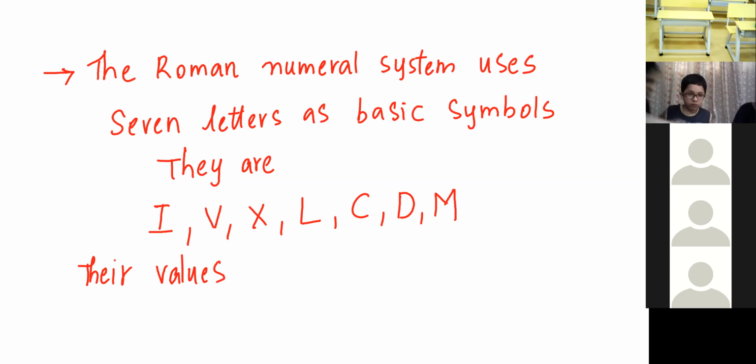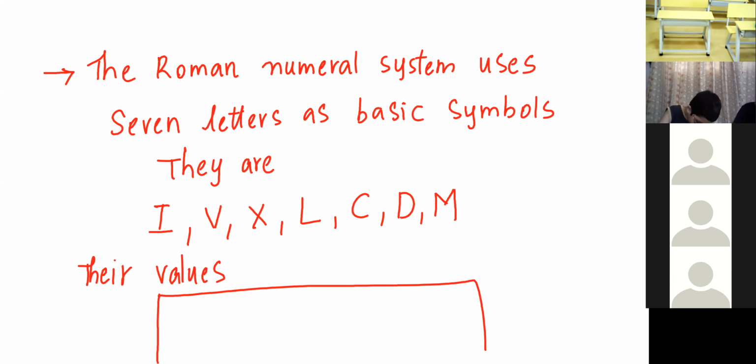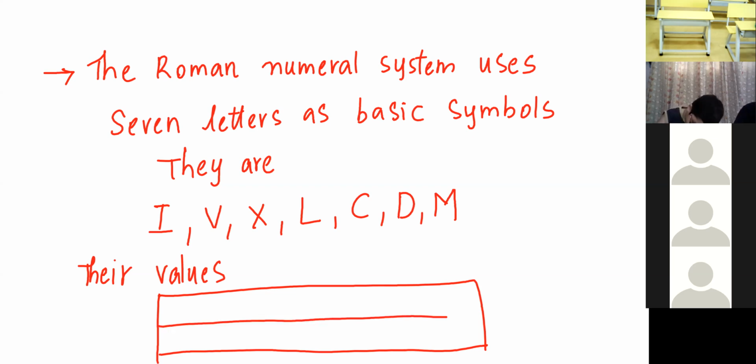Values, let us write by drawing a tabular form. You can use the next 2 lines to draw the boxes and make 7 columns: 1, 2, 3, 4, 5, 6 and 7.